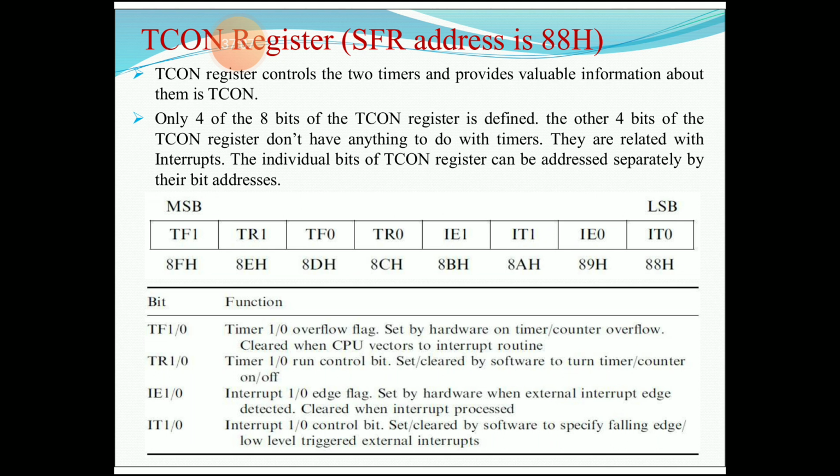And TF0 and TF1 are the overflow bits. When the corresponding timer overflows, this bit becomes set. That is to indicate the overflow condition of timer 0 and timer 1. And the lower 4 bits belong to interrupt operation, that is IE1, IT1, IE0, IT0.